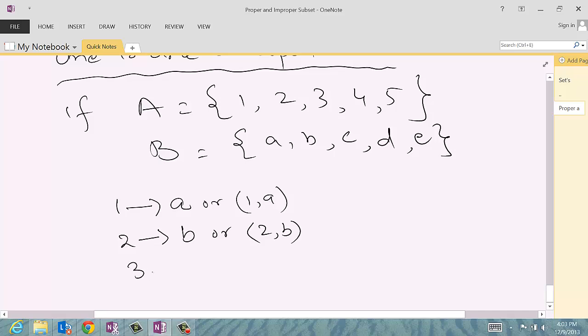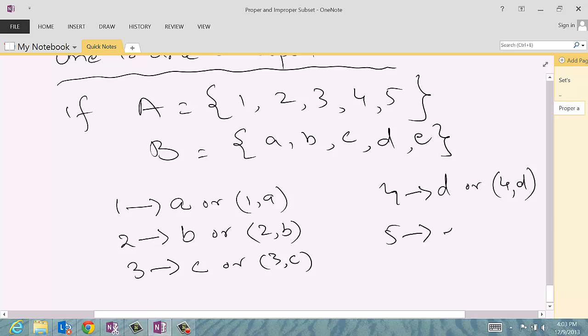Similarly, 3 has correspondence with C, or 3C, and 4 has correspondence with D, or 4D, and 5 has correspondence with E, or 5E. This is what is called correspondence.